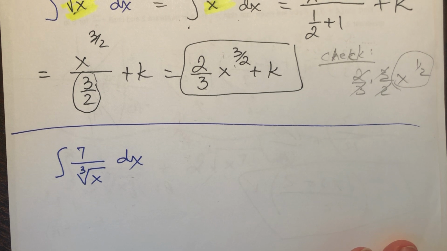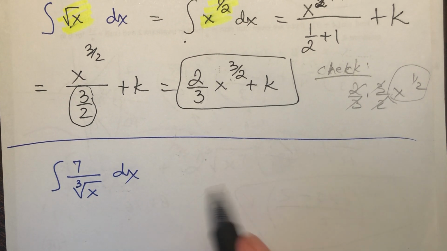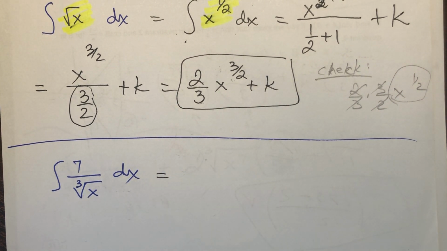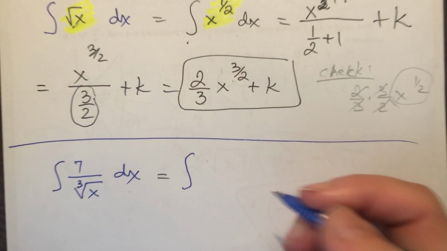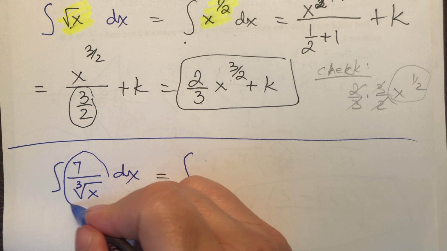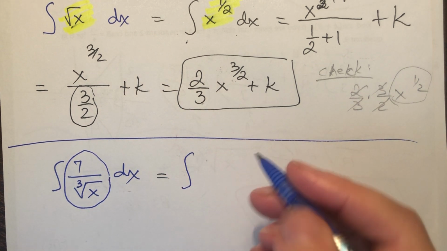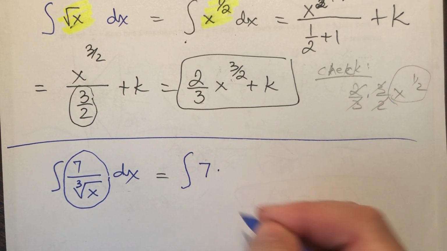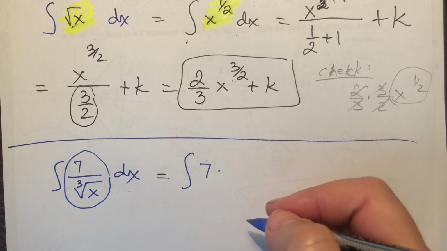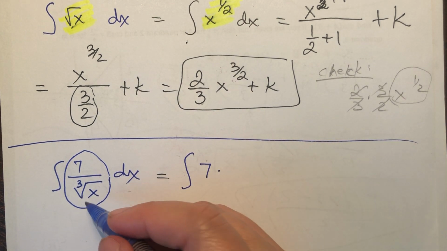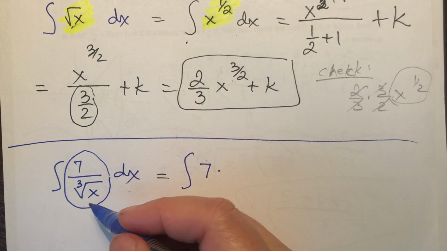So same thing. To even deal with this, I'm going to have to mess with my inside function. So I'm going to mess with this by writing it as a power. Now 7 is what that was multiplied to over the cube root of x.